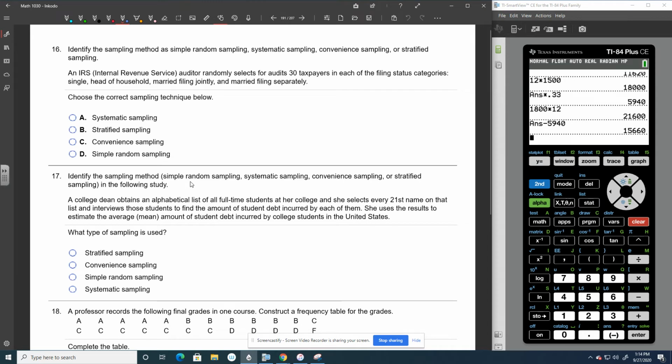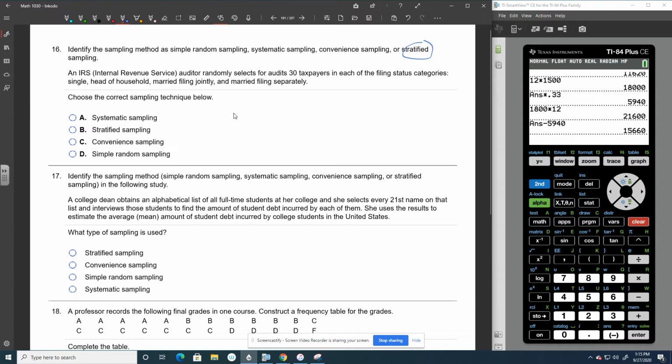16. Identify the sampling method as simple random, systematic, convenience, or stratified. An IRS auditor randomly selects for audits 30 taxpayers in each of the categories. Right there, "each of the categories" quickly tells you that you are looking at stratified.